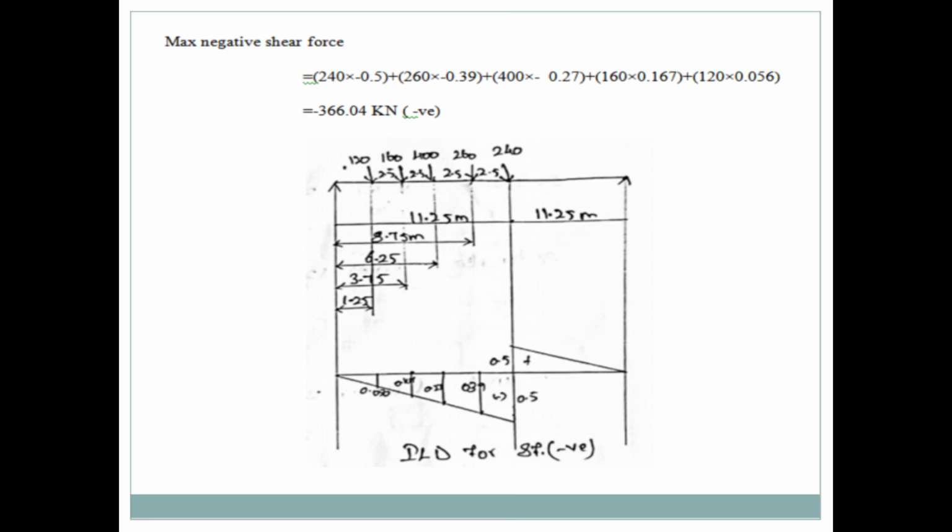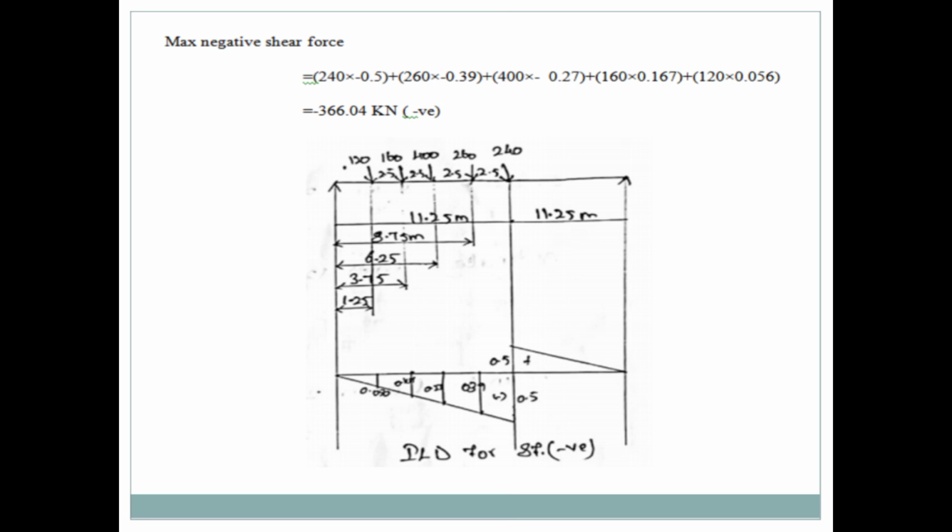The maximum negative shear force is equal to 240 into minus 0.5 plus 260 into minus 0.39 plus 400 into minus 0.27 plus 160 into 0.167 plus 120 into 0.056 is equal to minus 366.04 kilonewton.